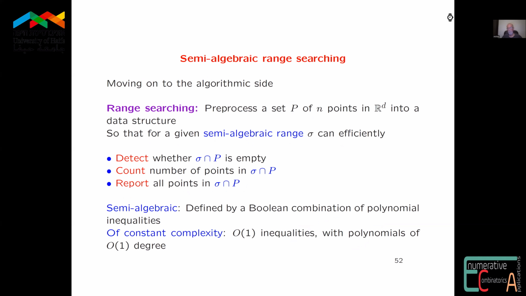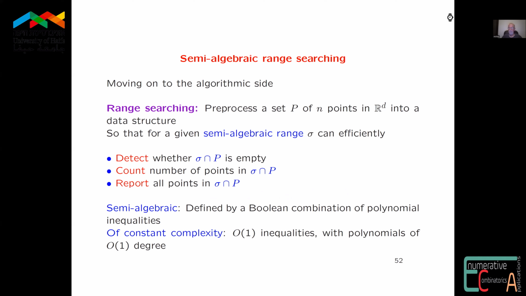And let me briefly tell you what this method has done algorithmically. So the counterpart of incidences in combinatorics is semi-algebraic range searching in the algorithmic domain.